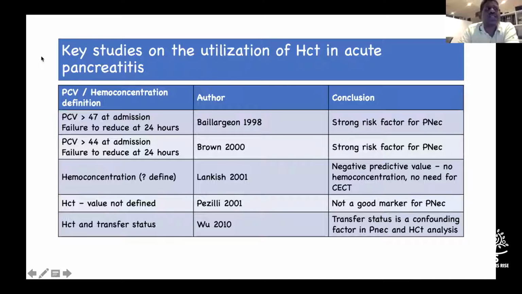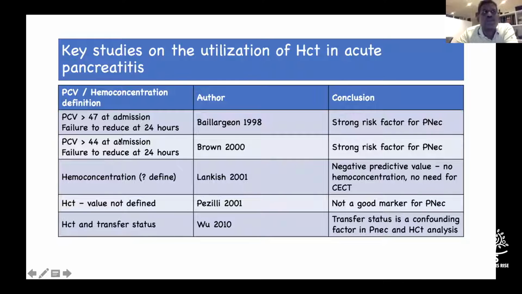Now, key studies. The other goal used in acute pancreatitis studies is the hematocrit. A lot of people have defined it, but the most common one was a PCV of 47 at admission and failure to reduce at 24 hours. It came in 1998 and was considered a strong risk factor for pancreatic necrosis.